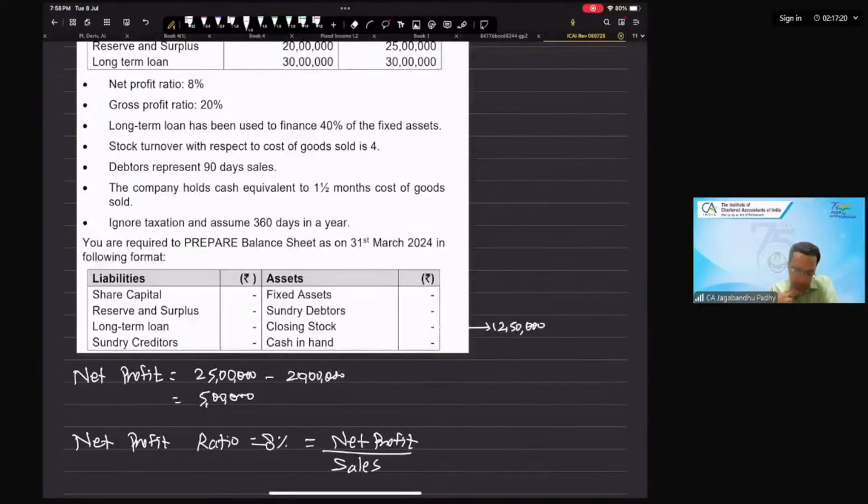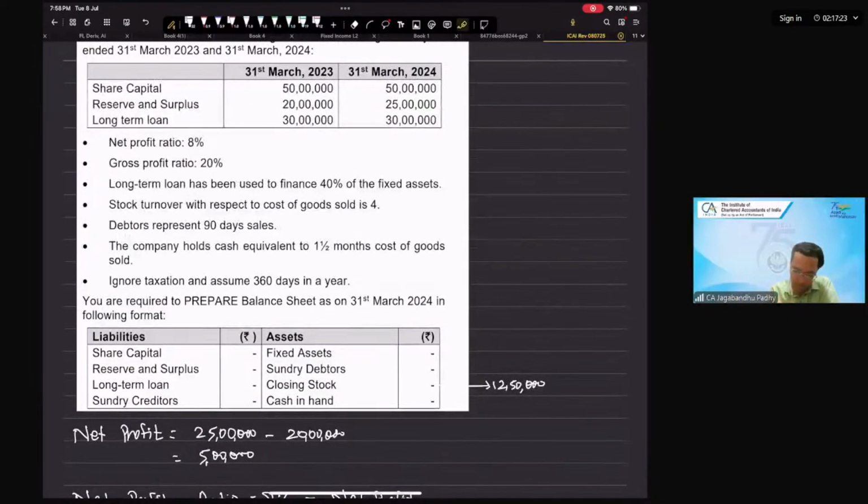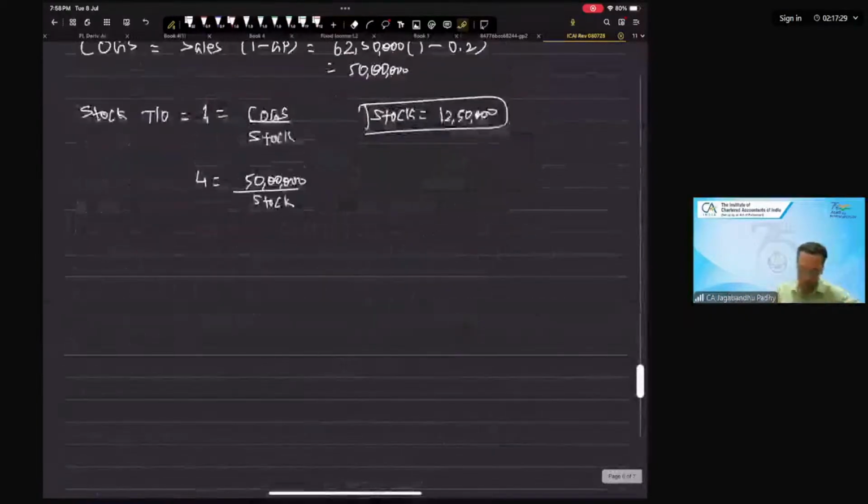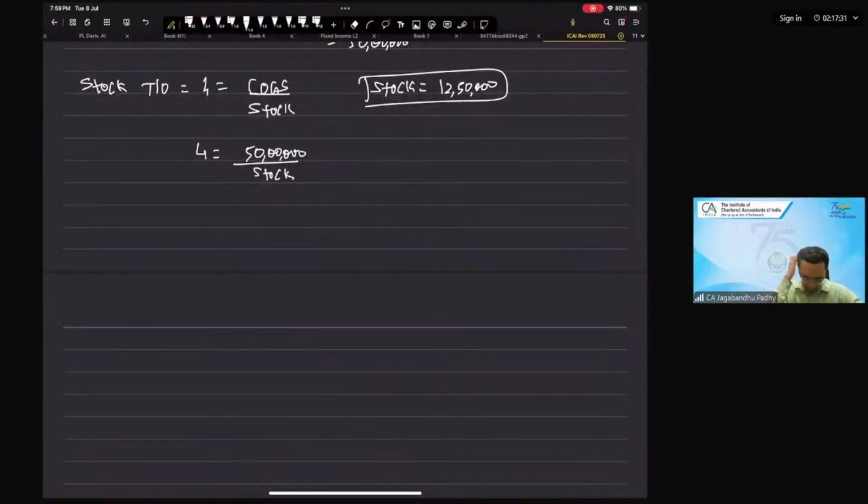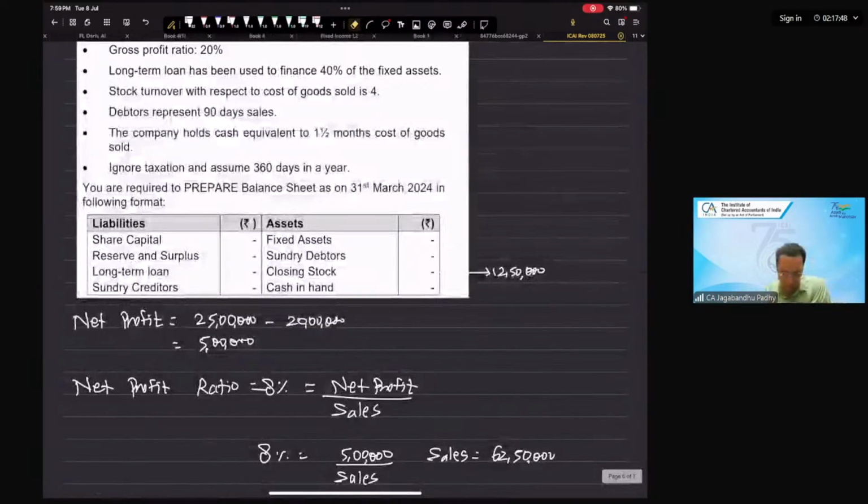Long-term loan has been used to finance 40% of fixed assets. So whatever is a long-term loan, that is representing 40% of the fixed assets. We know the long-term loan value is 30 lakhs.